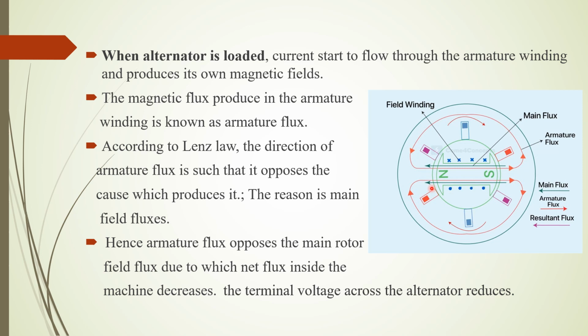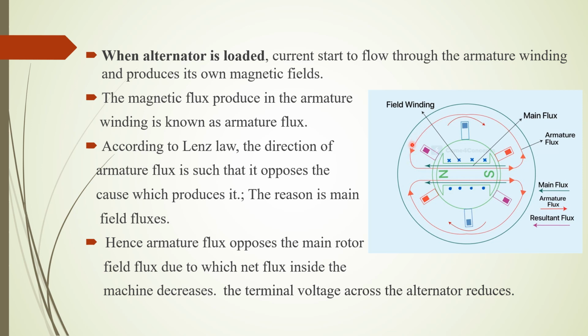When the machine is loaded, armature current will start flowing through this machine and armature flux will start flowing through this. If you notice this arrow mark, this red portion indicates the armature flux.